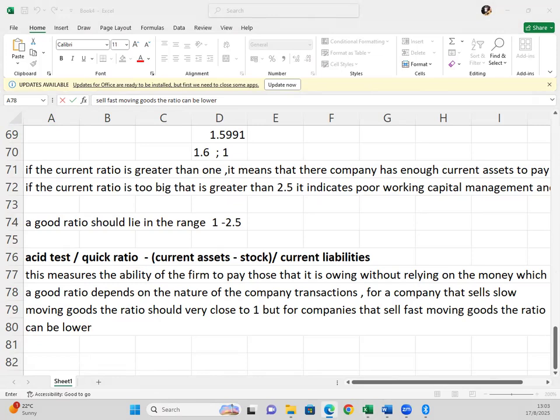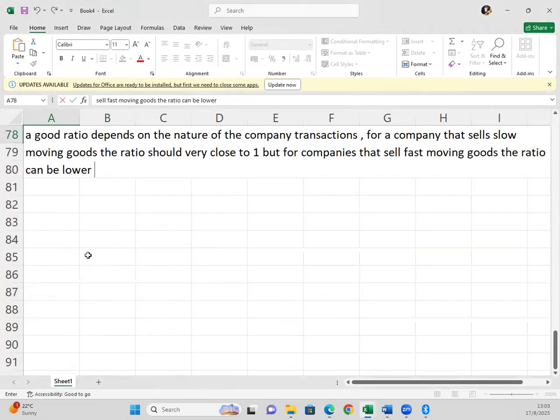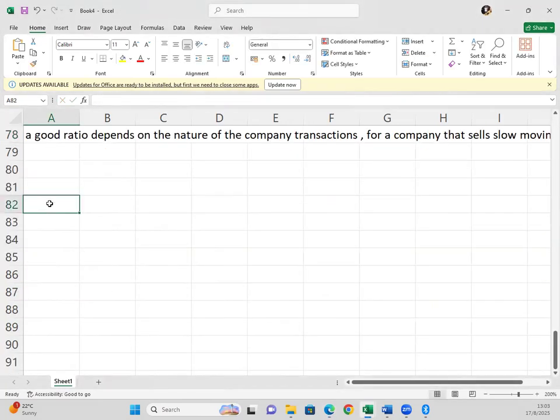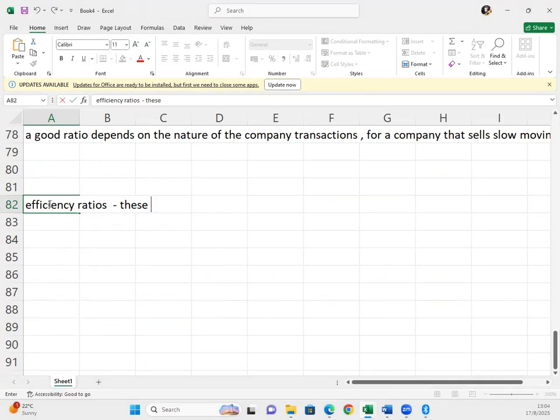Efficiency ratios. So these look at how the assets have been utilized. I think the asset turnover can also be put here.